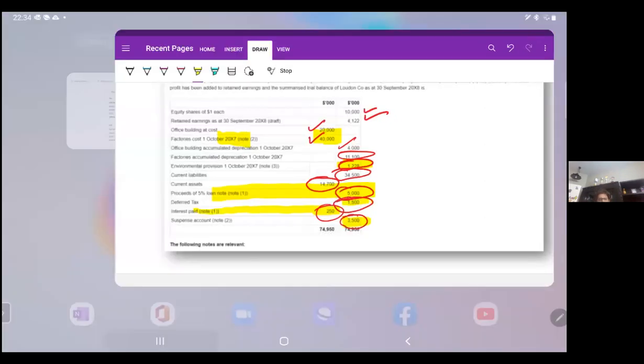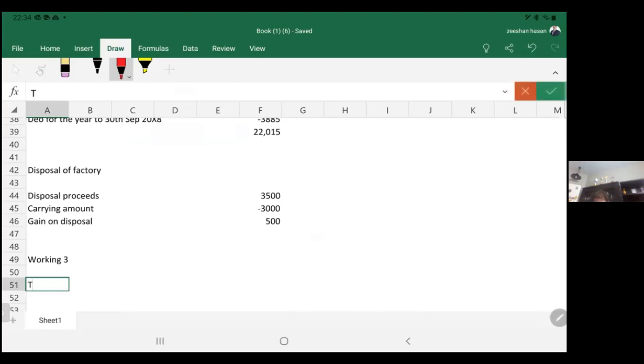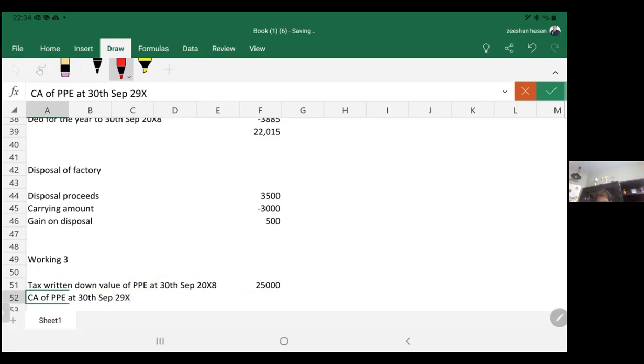Move to another working area, and it's first the tax written down value of PPE at 30th September 2008. We have 25,000. Carrying amount of property, plant and equipment at 30th September 2008 as per SOFP.